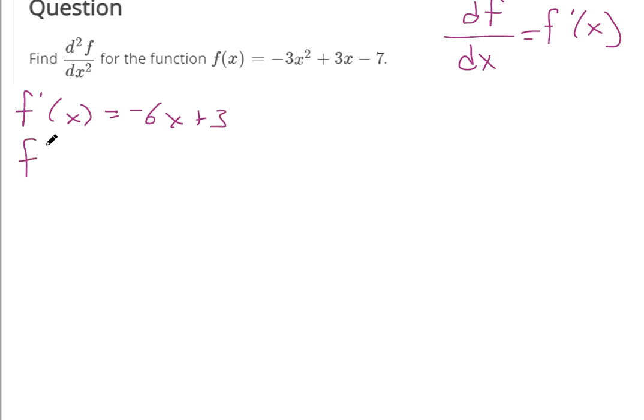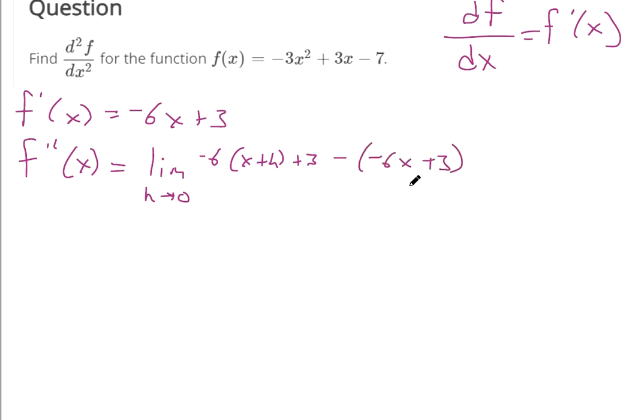To find the second derivative, we've got to use the limit definition of a derivative again. So everywhere we see an x, we're supposed to plug in x plus h. So that's the first part of the limit definition of the derivative formula. I didn't write the whole thing out this time, so just watch out for that. Then subtract f of x, that's the second part of the numerator. Then divide by h.